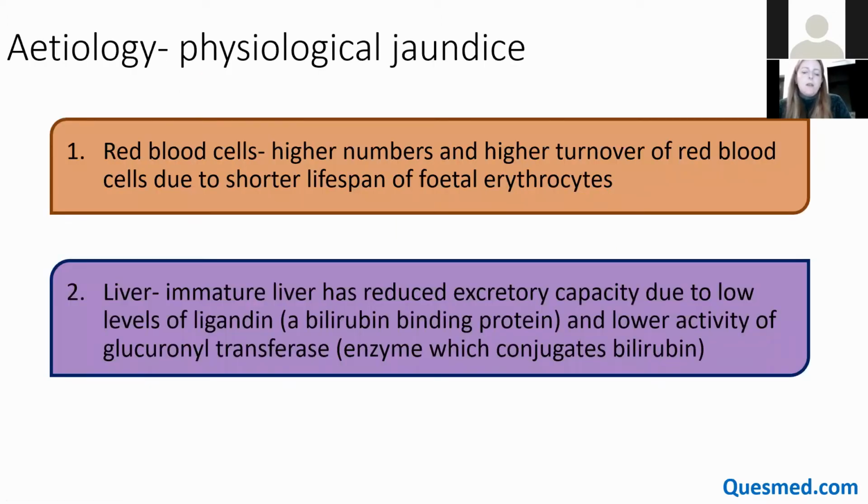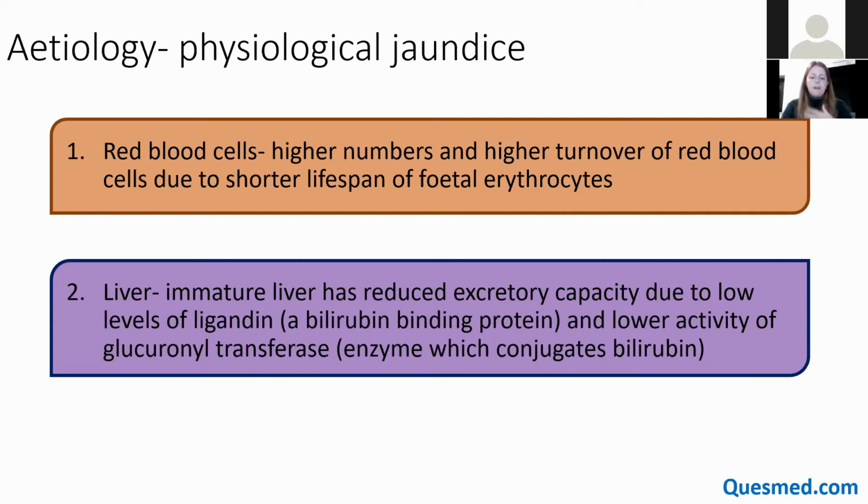So there are two key reasons why physiological jaundice happens, if we bear in mind the metabolism of bilirubin. The first key reason is thinking about red blood cells in the fetus. The fetus has fetal erythrocytes.